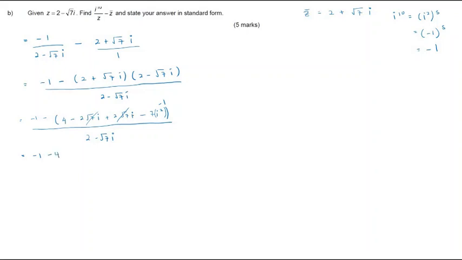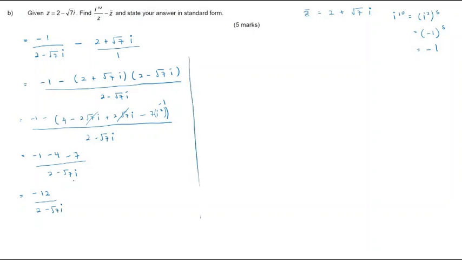Negative 4, and negative 1 times negative 7 is 7. So negative 1 minus 4 minus 7 is negative 12, over the denominator.